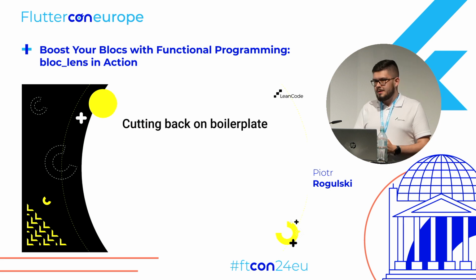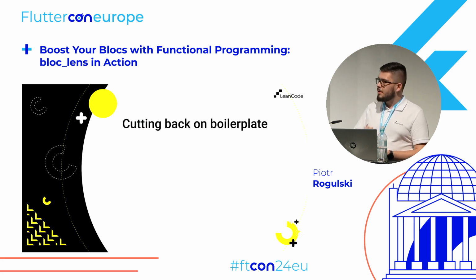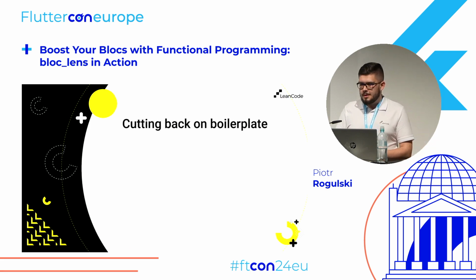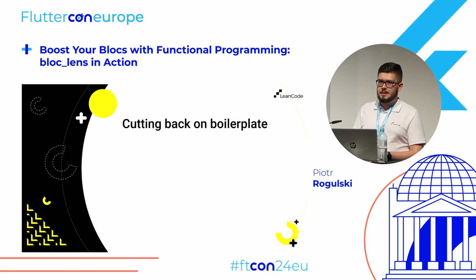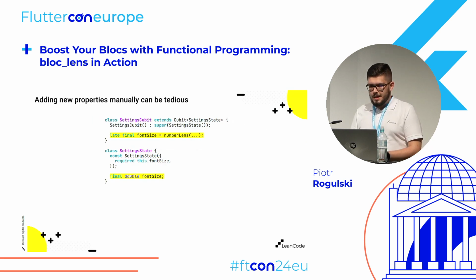Boilerplate. We don't really like boilerplate, so how can we make our blocks even simpler? Because what I showcased was basically removing one boilerplate and replacing it with something else, which is still boilerplate. So how can we get rid of that altogether? This is an experimental part of this package, and it's still very much work in progress, but I'm really excited about what it allows us to do.